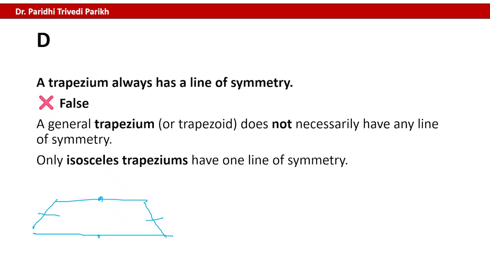But when I draw a trapezium like this, it does not have any line of symmetry, right? So this is not a generic rule for trapezium. So a trapezium always has a line of symmetry is not correct, but an isosceles trapezium always has a line of symmetry can be correct. But this statement is wrong.